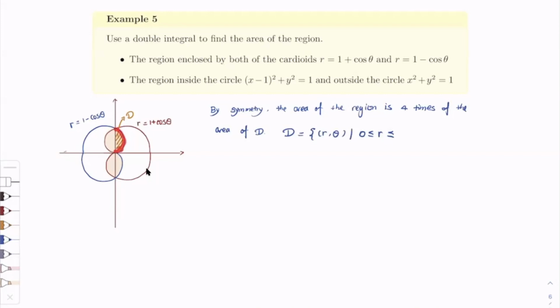This line is 1 minus cosine theta. So r goes from 0 to 1 minus cosine theta, and my theta is between 0 and pi over 2.